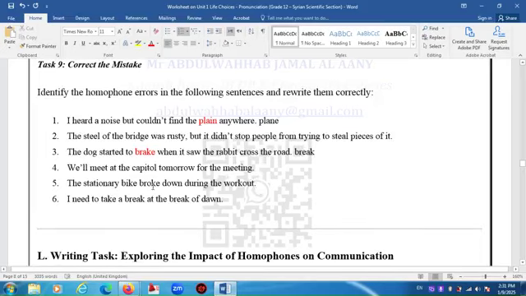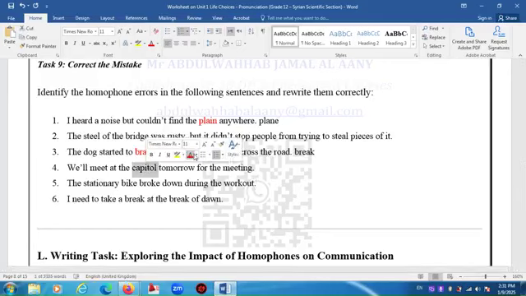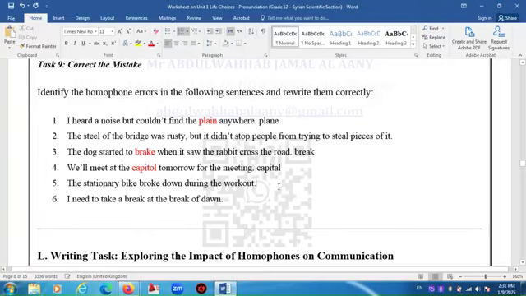We'll meet at the capital or the capital. Okay? Capital. And the stationary bike broke down during the work. Is it the stationary or stationary?